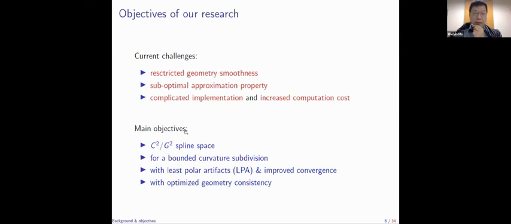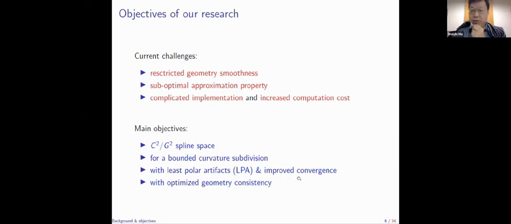I think the main purpose of this talk is constructing such a C2 or G2 spline scheme. However, for this article, we are mainly presenting a bounded curvature subdivision scheme with least polar artifacts. Actually, it's a modified scheme of Catmull-Clark. It's a tuned subdivision scheme which achieves better properties than Catmull-Clark.